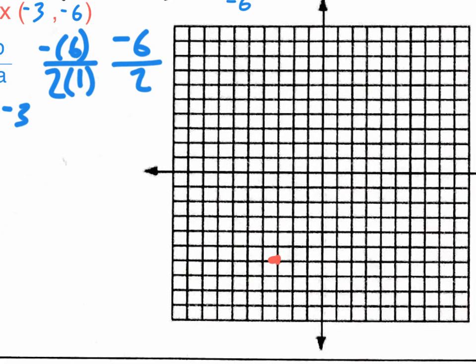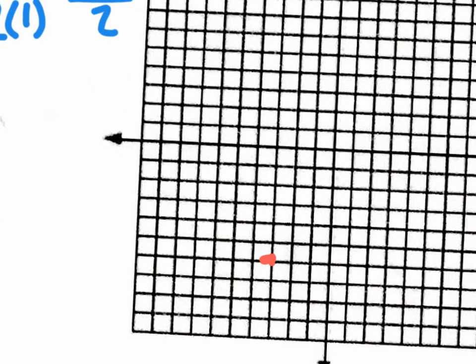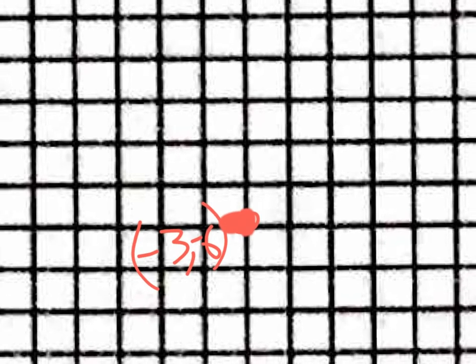Yeah, okay. Right through that value, negative 3, negative 6, there's an axis of symmetry.